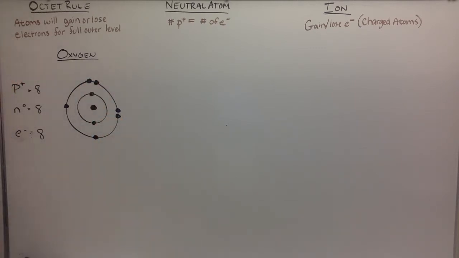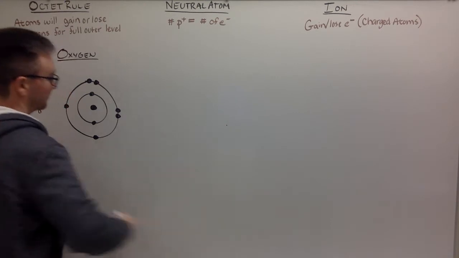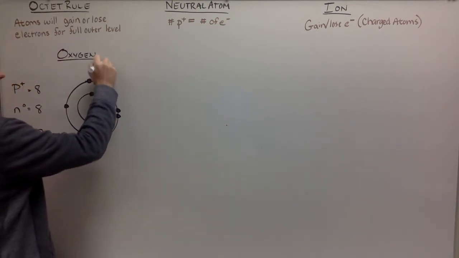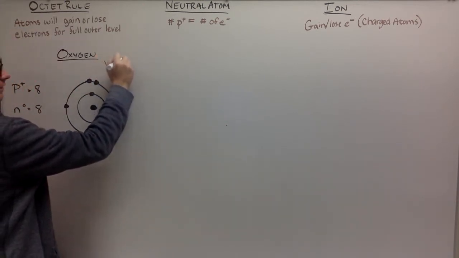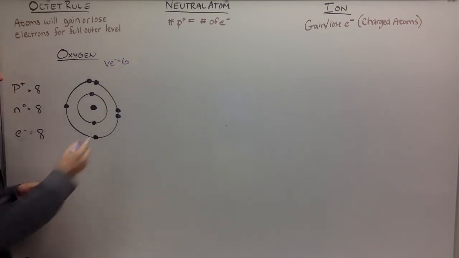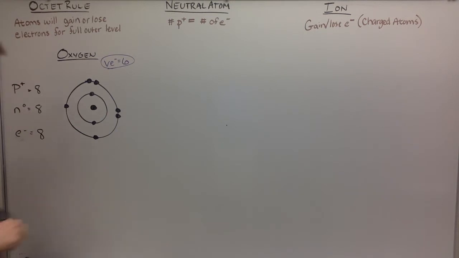Of those 8 electrons, I have 6 valence electrons. Right now, this is a neutral atom because these two numbers are equal: 8 positive protons and 8 negative electrons.